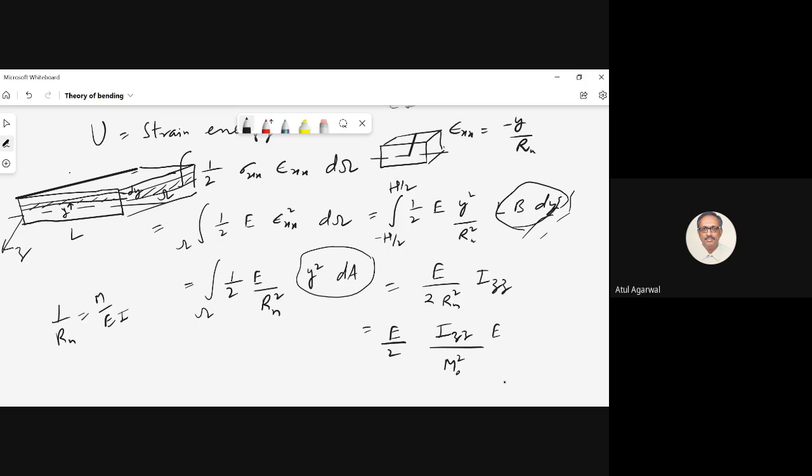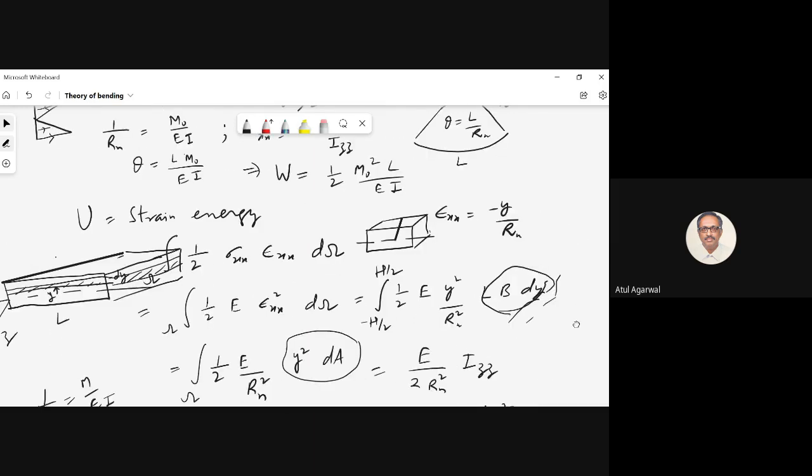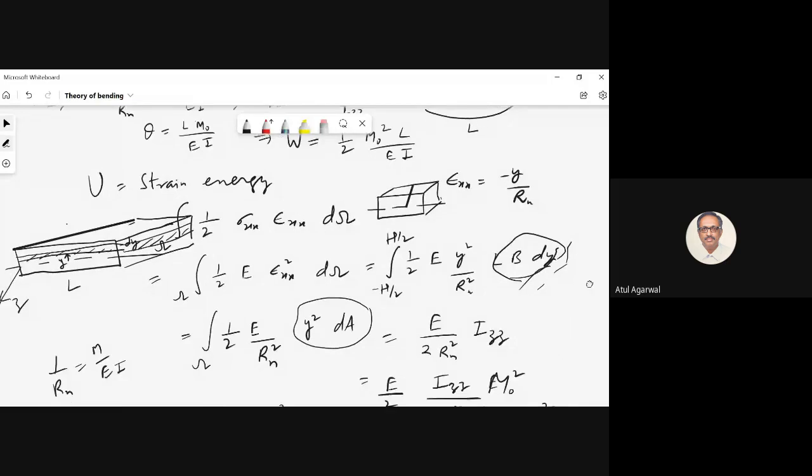So you have to write E by 2 Izz, M naught square by EI. So what you are getting? M naught square by 2 EI. So what we have got, M naught square L by EI.